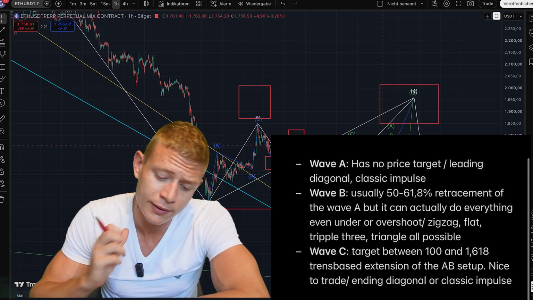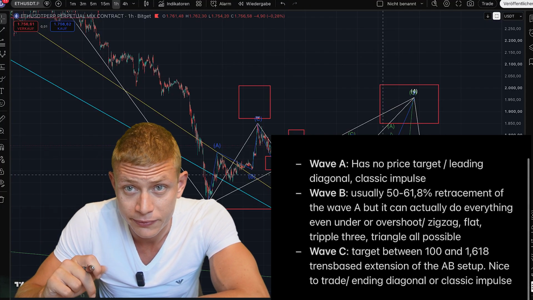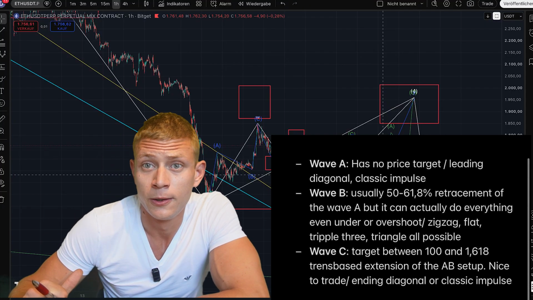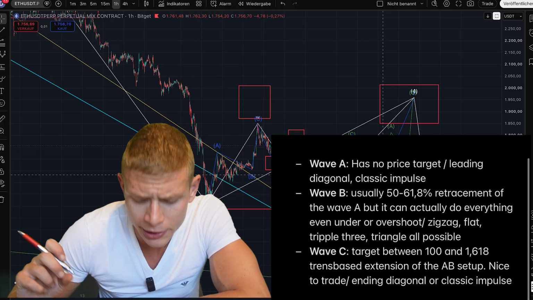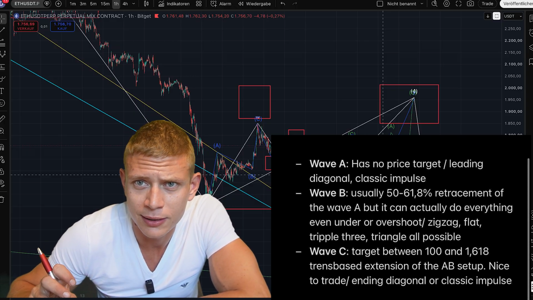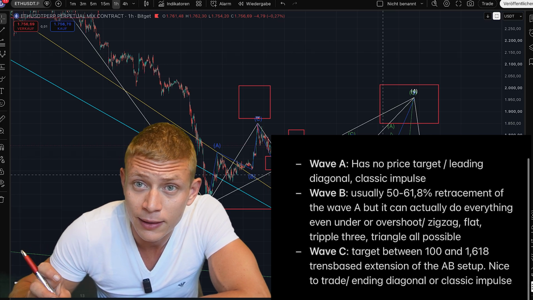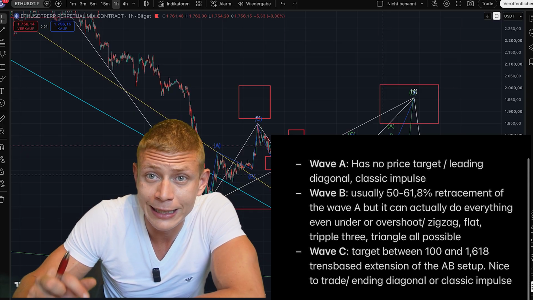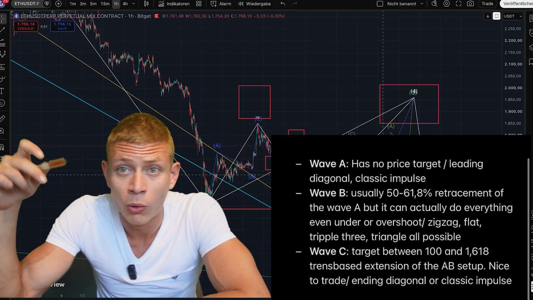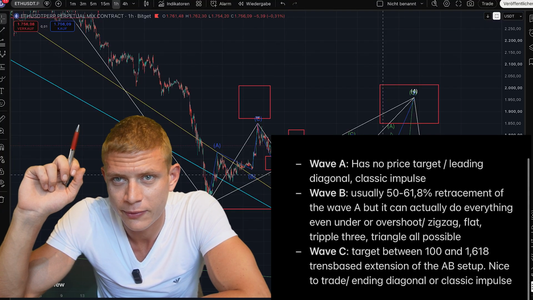And the nice thing within an ABC is the C wave. Yes, the C wave is actually what you would possibly consider taking a trade for, since you can measure the target nicely. It is going there within an impulse, like it can be a classic impulse or an ending diagonal, and it's going at least the same length of the A wave, or even up until the 1.618 extension, the trend-based tube extension.